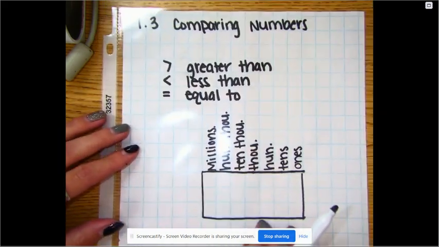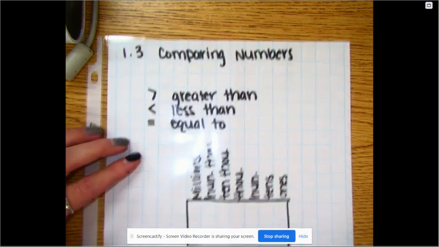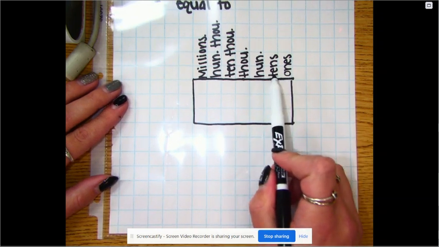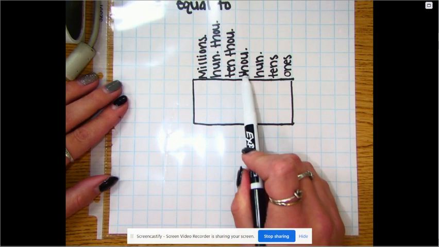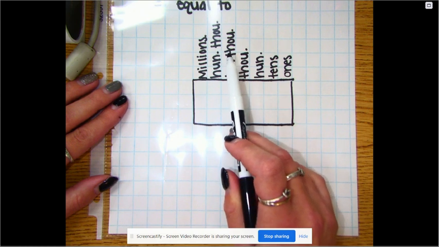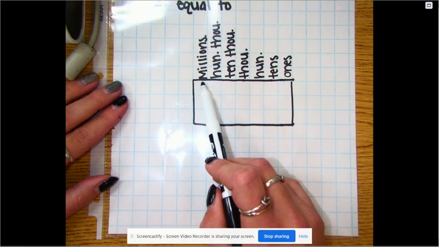I have my handy dandy place value chart that I've drawn on here. We went over that before. We have our ones place, our tens place, our hundreds place, our thousands place, and these are abbreviated, our 10,000s place, our 100,000s place, and our millions place.